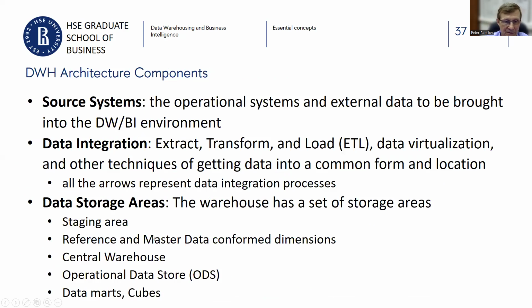And this is important. So the data warehouse feeds new master data and in turn is fed by conformed dimensions from the separate repositories. So this is how it works.